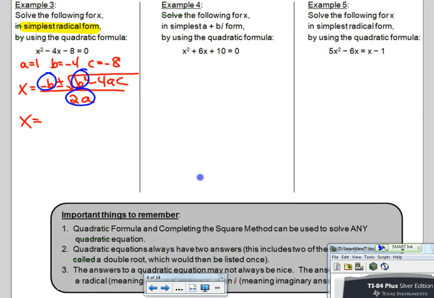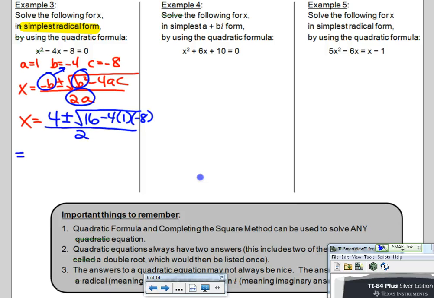And this is what that would look like. This means the opposite of b, so that's going to be a positive 4 plus or minus b squared will be negative 4 squared, which is 16. I don't want to mess around with the other 3. There's too much going on. And the bottom denominator is double the a number, which is 2.